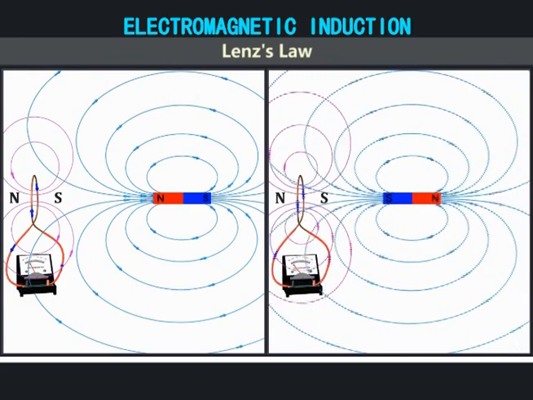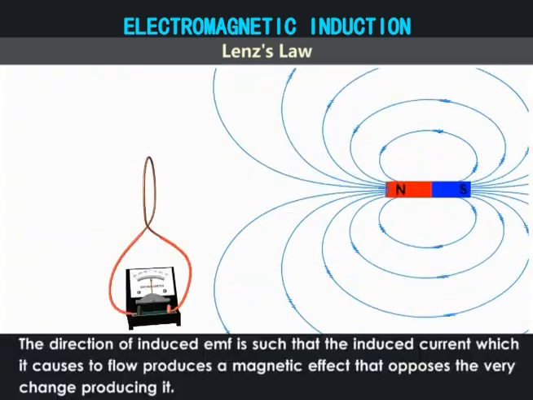Lenz's law states that the direction of induced EMF is such that the induced current, which it causes to flow, produces a magnetic effect that opposes the very change producing it. What that simply means is that as you move the magnet towards the coil, it becomes an electromagnet with polarities so as to offer repulsion.